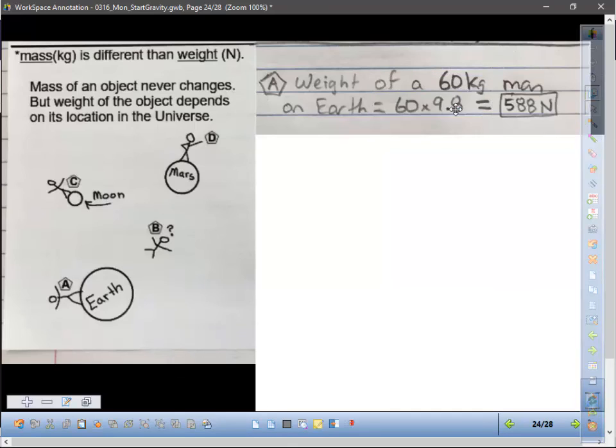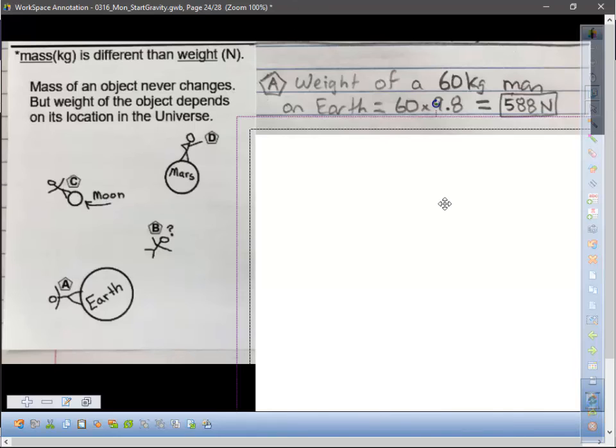All right, we should get 60 as the m, and little g is 9.8, so 60 times 9.8 equals 588 newtons. So the weight of this guy here on Earth will be 588 newtons.